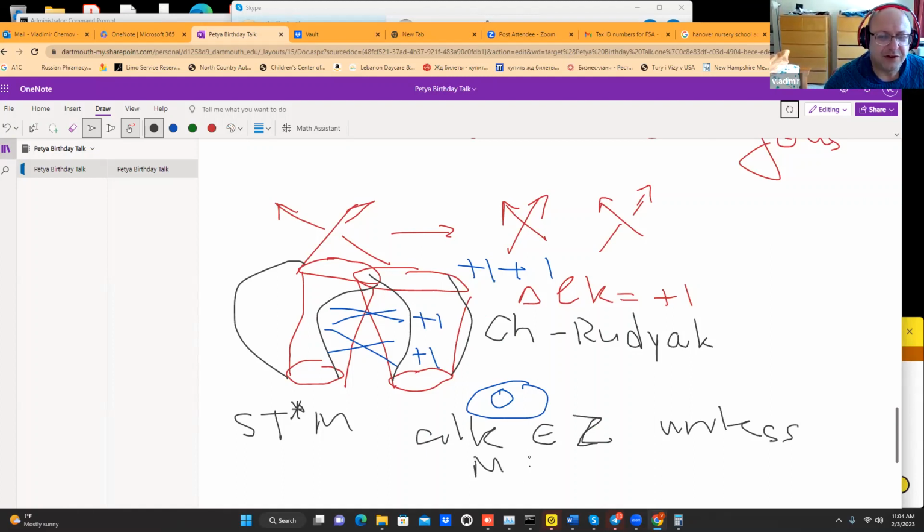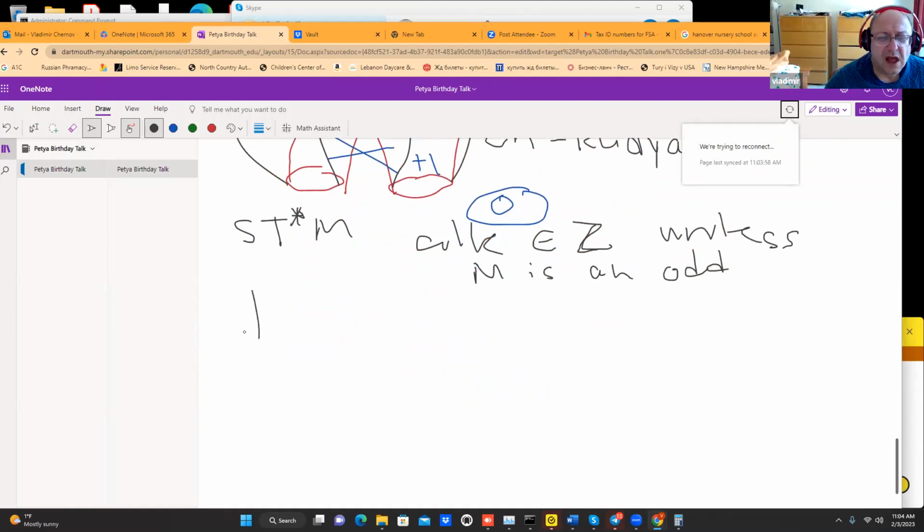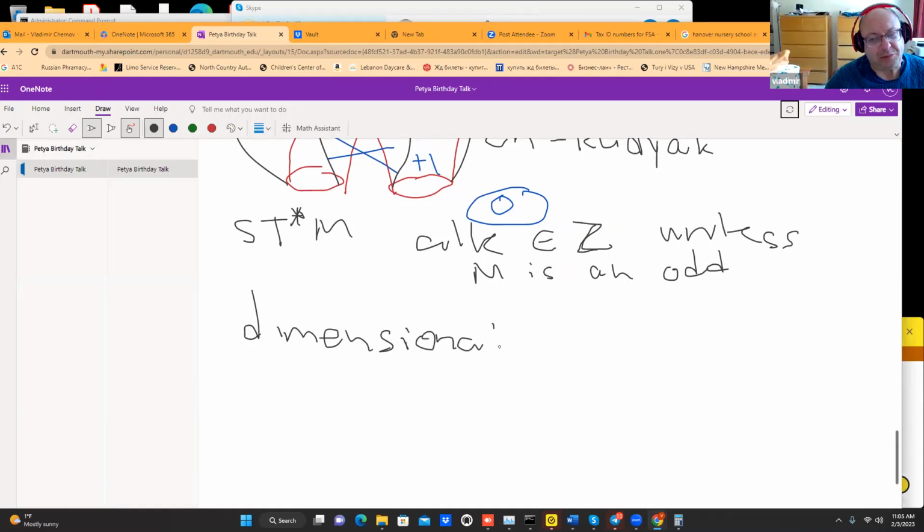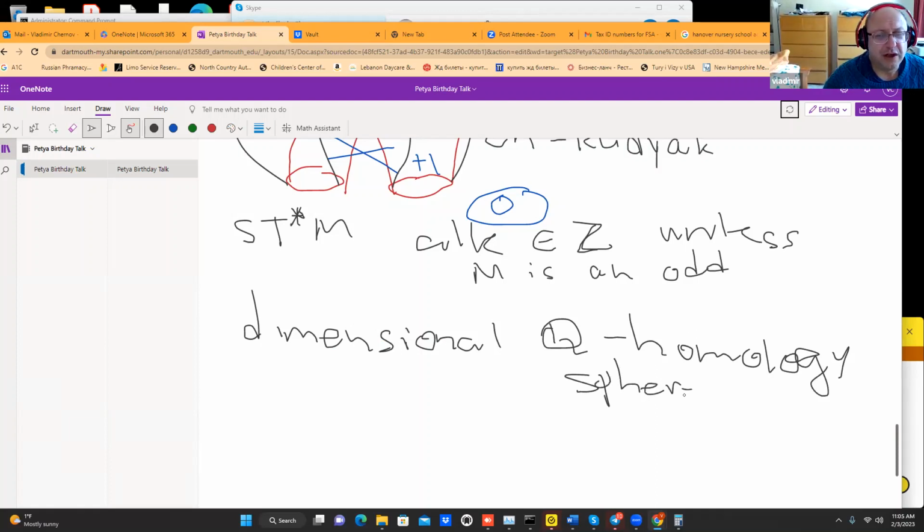M is an odd-dimensional rational homology sphere. Right, so usually rational homology spheres are good.